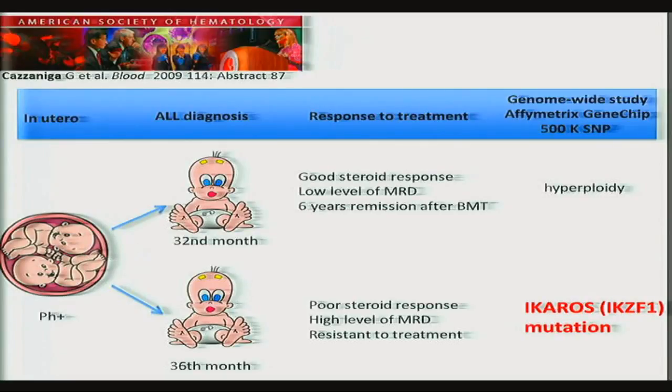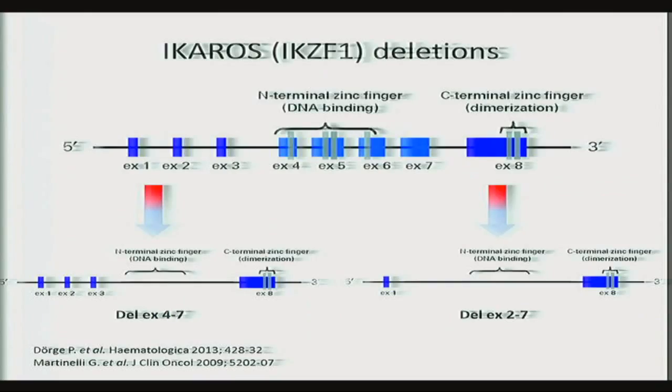So starting the history of Ikaros from this point, there are plenty of papers showing that the Ikaros lesion in acute lymphoblastic leukemia is a very important part of the genetics or genomics of acute lymphoblastic leukemia. What kind of lesion do we have in the gene of Ikaros?